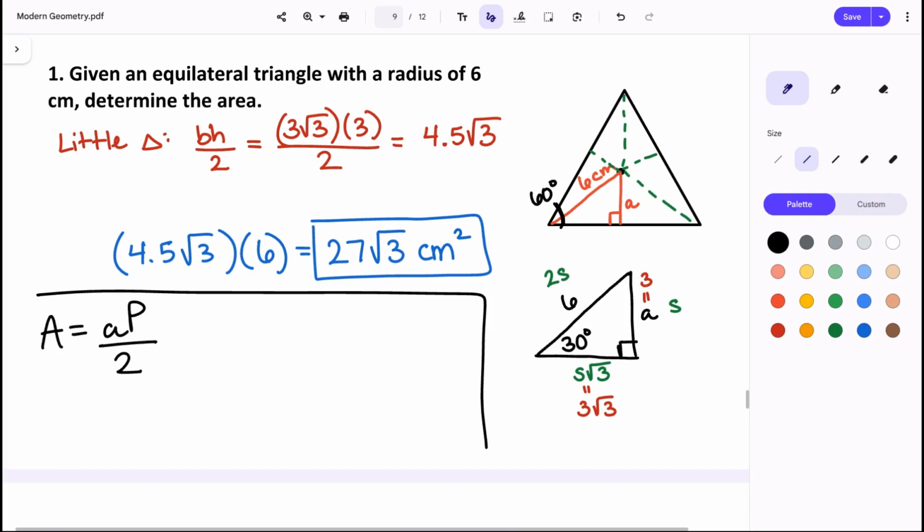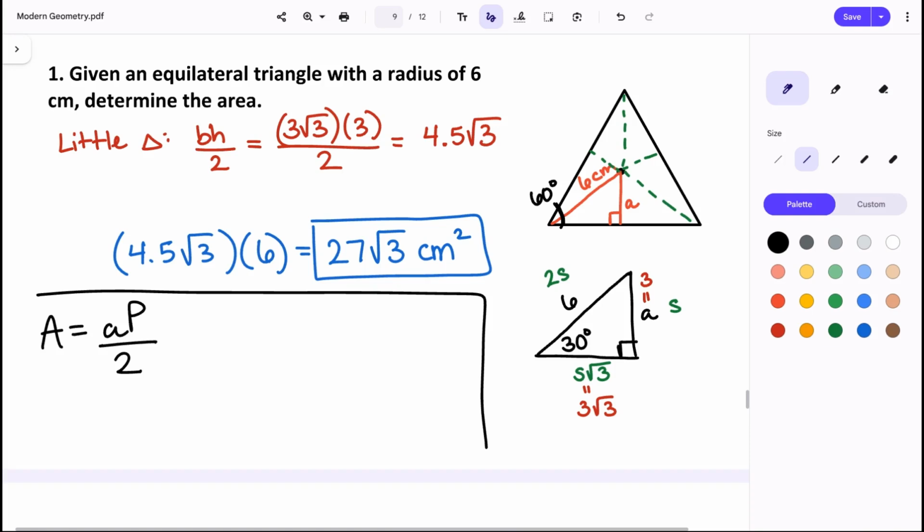When you're working with a polygon, you can take the apothem, if you know it, times the perimeter of your big shape, if you know how long a side is, divided by 2. Now, we could still do that for this problem. It does not negate the fact that you're still going to have to do this. So I'm not saying that this is necessarily easier or that it gets you out of having to work with special right triangles. You're still going to have to do a little bit of that today.